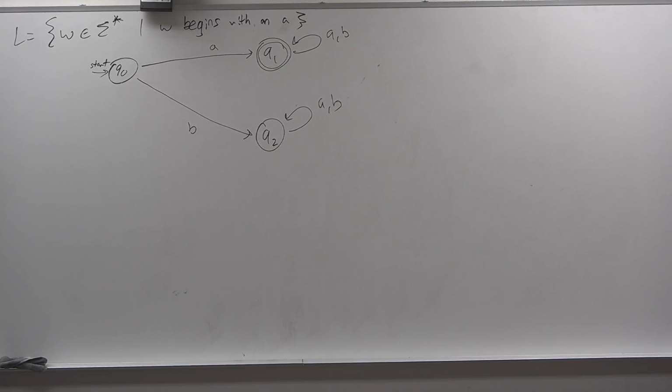Two things we can say about this: the diagram is one way to define a DFA. Another way is using the 5 parts. What are they? Q, sigma, Q0, delta, and F. Let's just do it. Q is going to be Q0, Q1, Q2. Sigma is going to be A, B. Delta is going to look like the following.